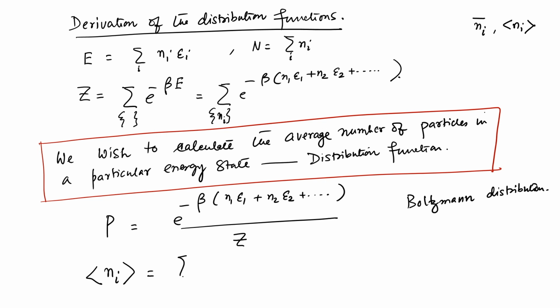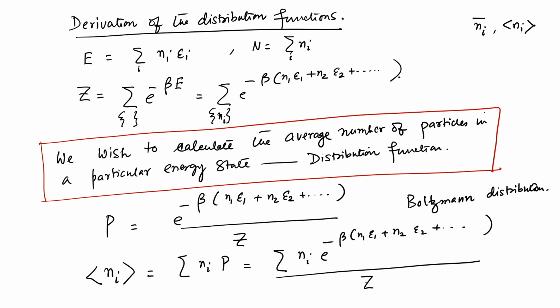So, this is equal to the sum of Ni multiplied by P, which is nothing but Ni times the exponential of minus beta n1 epsilon 1 plus n2 epsilon 2 and so on, divided by z. That is the average number of particles, and that is what we want to calculate.